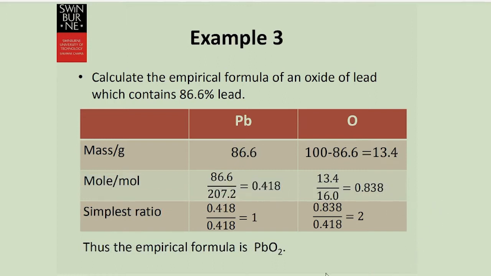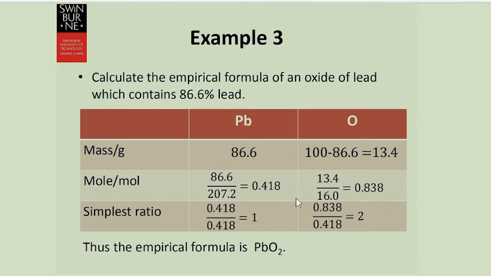what we will do is divide by the smallest number. If we have many more, maybe lead, oxygen, hydrogen, whatever, and all of them are fractions, we will divide by the smallest number.